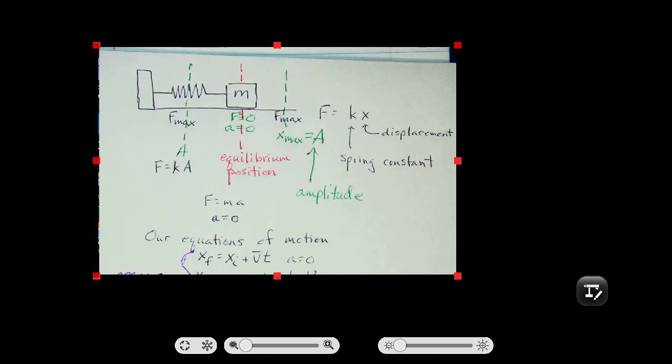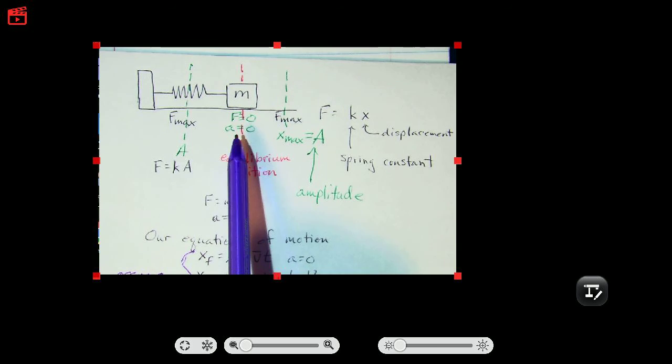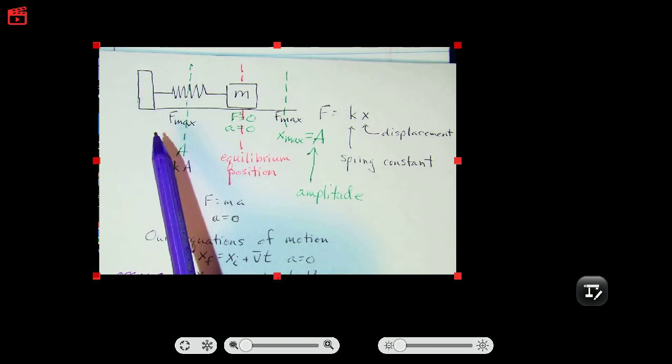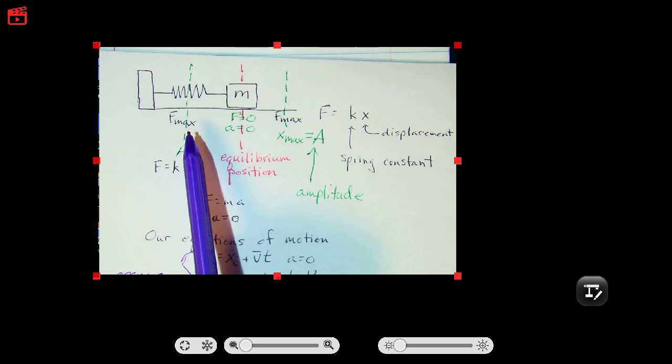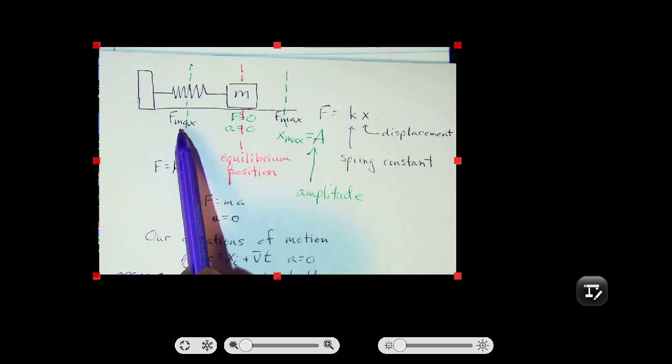In other words, whatever our value was, a doesn't change. Well, if we look at this situation, a changes here. Our force is max here, so that means our maximum acceleration is at the ends.